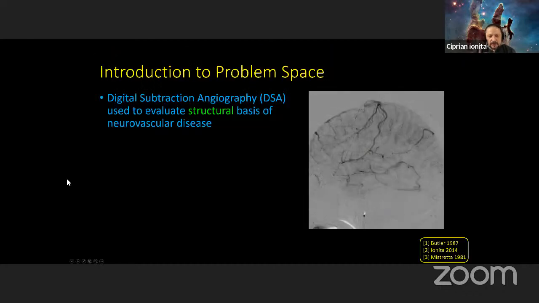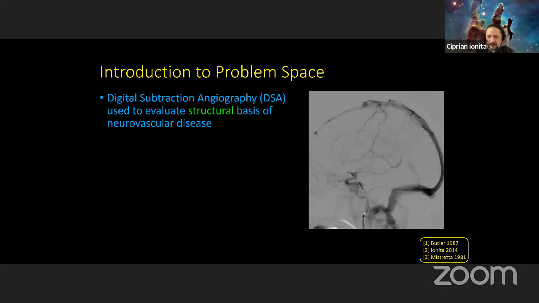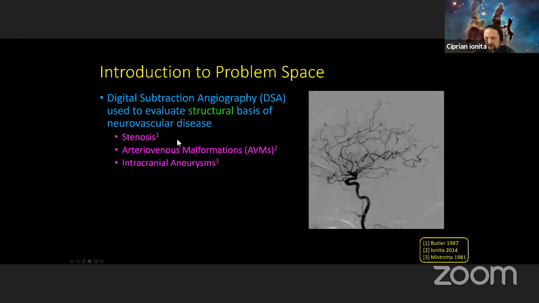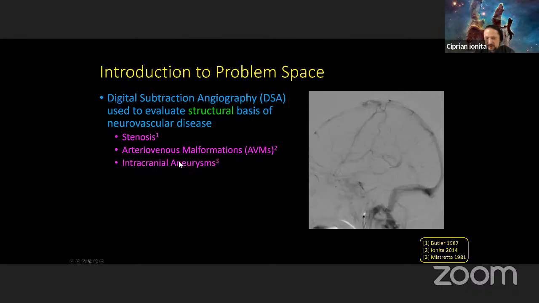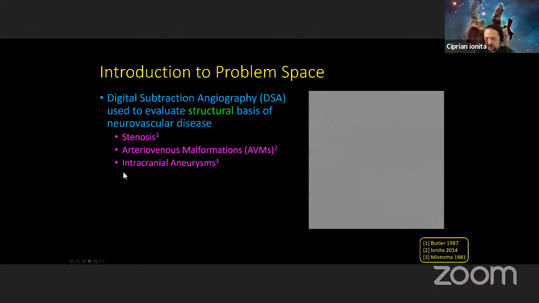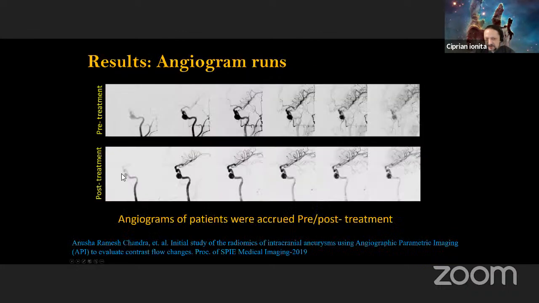So once this procedure is done, the only way that we can look at these devices and figure out that something is happening is using digital subtraction angiography. And we can look and measure all sorts of things here: stenosis percent, intracranial aneurysm dome sizes, aneurysm neck, etc., to decide on the device that we can use, but not as much function.